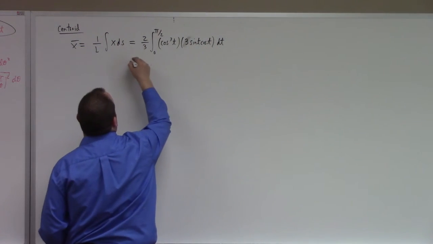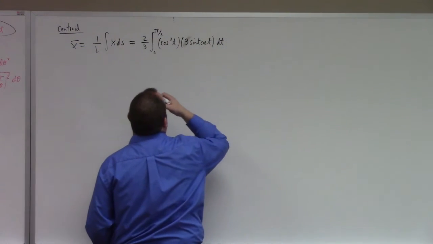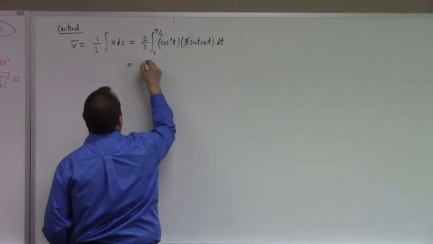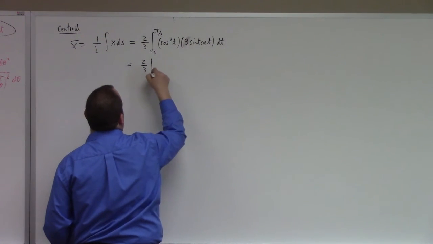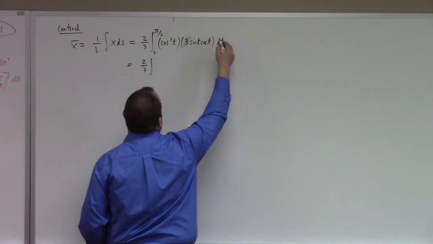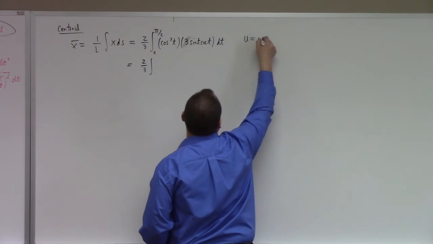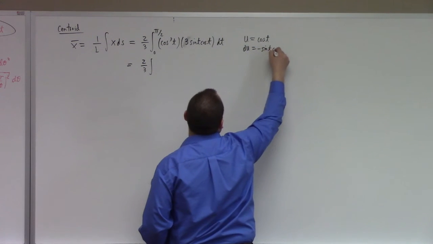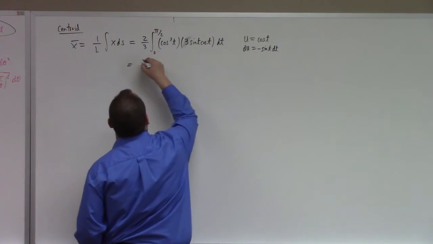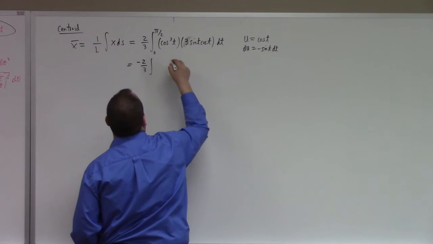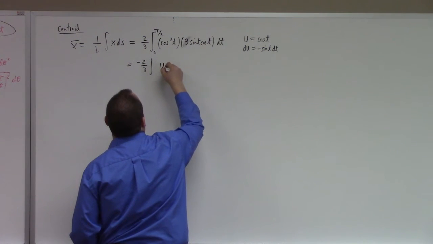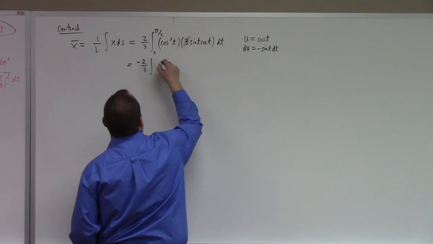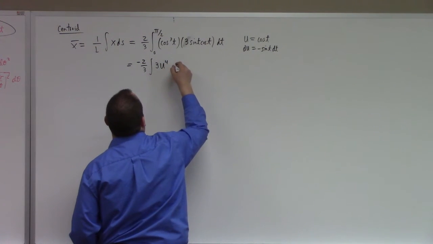Looks like a job for u substitution. And I think I'm going to make a u equals cosine substitution this time. If u is equal to cosine t, then du is minus sine t dt, right? So I'm going to put a minus out here to account for that. And I've got u to the 4th. There's a 3 inside. I could have canceled those if I was a civilized human being, but it's too late. du.